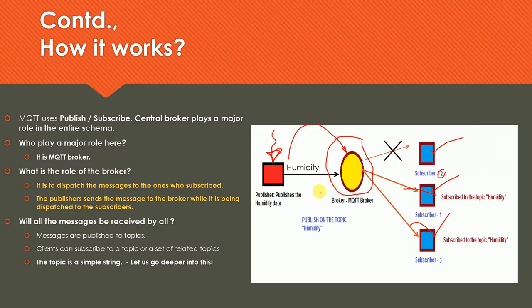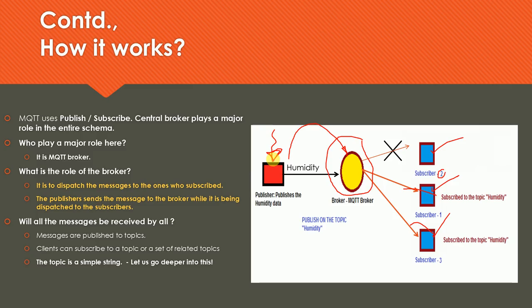That's all. The data sent to the MQTT broker will be dispatched to the one who subscribed for it. The publisher sends the message to the broker, and the broker dispatches the message to the subscriber. The subscriber is the one who takes the data further.